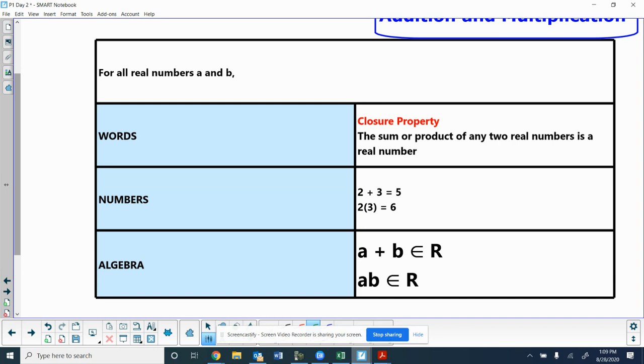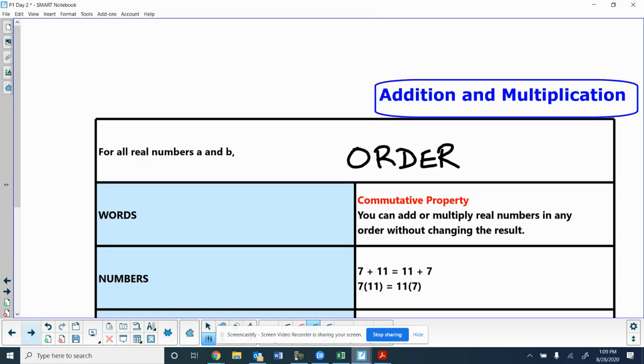But what's 2 divided by 4? 0.5 or 1/2, right? Is that an integer? No, so we can't say that the division of integers is a closed operation because we get a different type of number. So hopefully that example helps you understand what closure is.